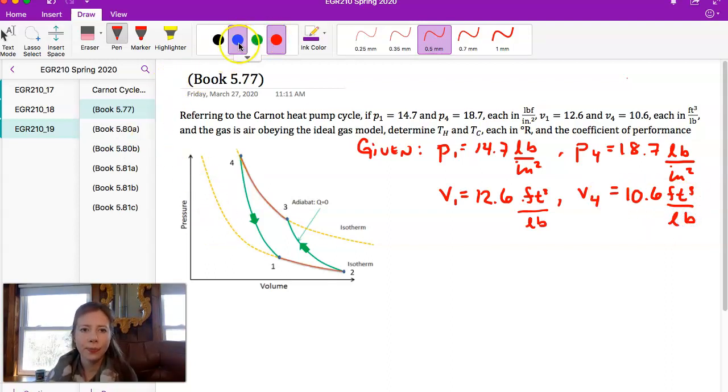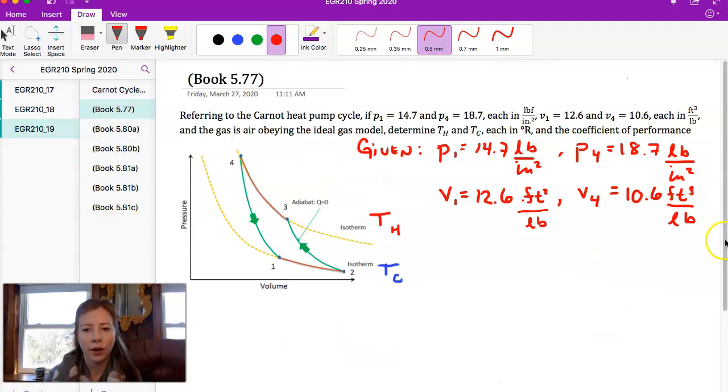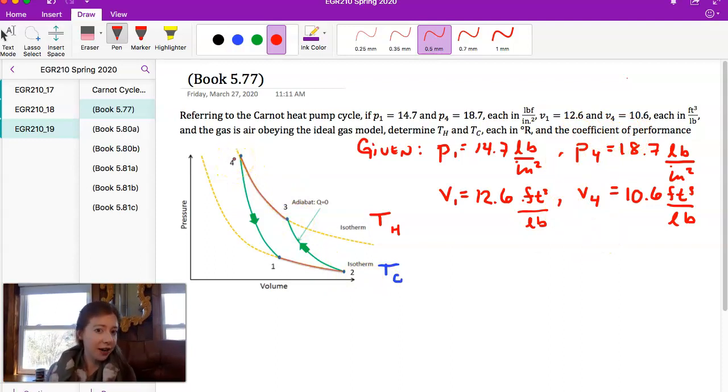So remember that down here, states 1 and 2 are at TC, and states 3 and 4 are going to be at TH. All right. So the thing is, we're given information for state 1, so that we could potentially find TC given that information. And we're given information about state 4, so we can possibly figure out T4.